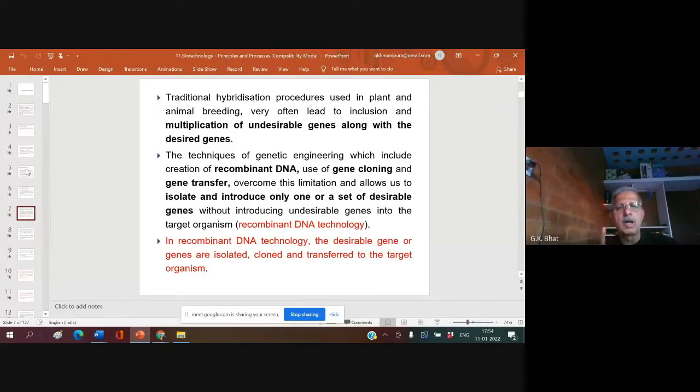In typical traditional hybridization, whenever we cross two organisms and get a hybrid, it may show desirable genes, but at the same time, it also brings about undesirable genes. Now let us think of one tentative example. I am just giving one hypothetical example, and it need not be actually true.